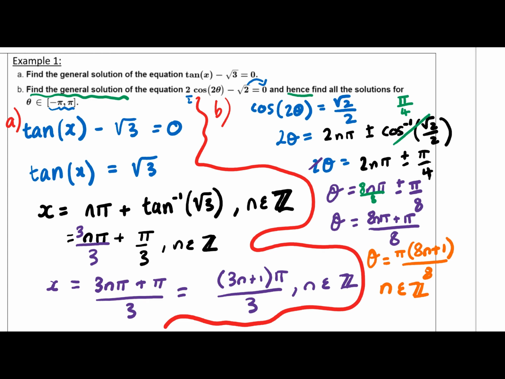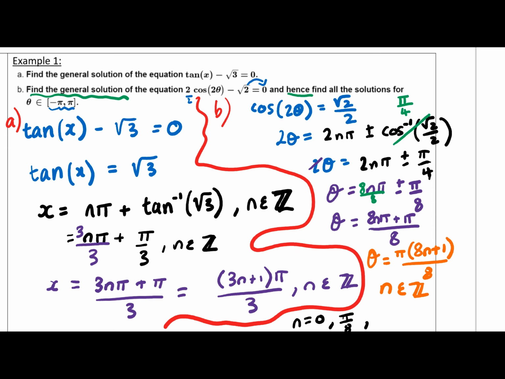But now to find the solutions between negative pi and pi, I'm going to sub in values for n and see how we go. For instance, when n equals 0, 8 times 0 plus 1 is 1. And so we get our first answer as pi on 8. So we might just think, okay, n equals 0, the answer is pi on 8. Well, when n equals 1, 8 times 1 is 8, plus 1 is 9. 9 pi on 8 is bigger than pi, so that can't work.